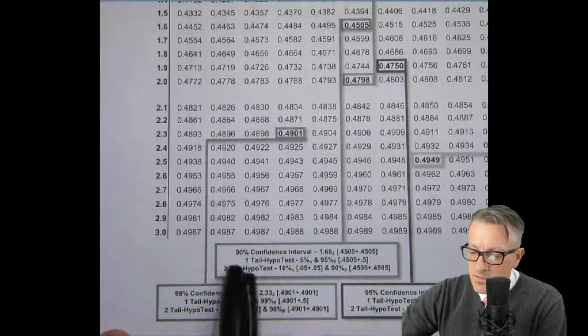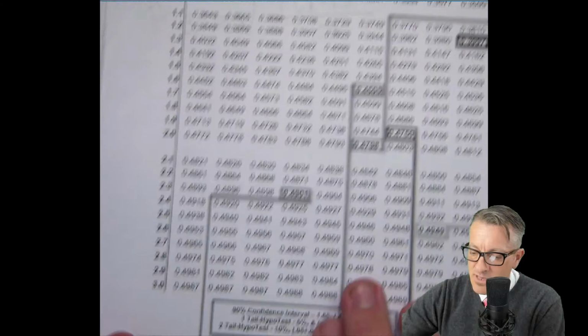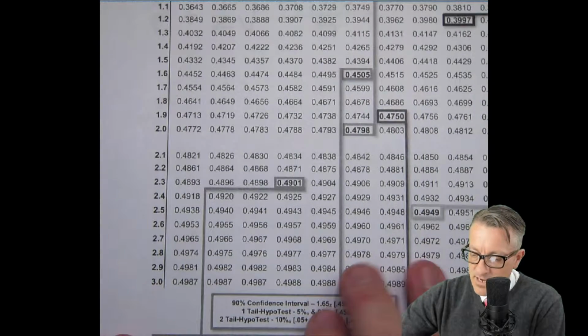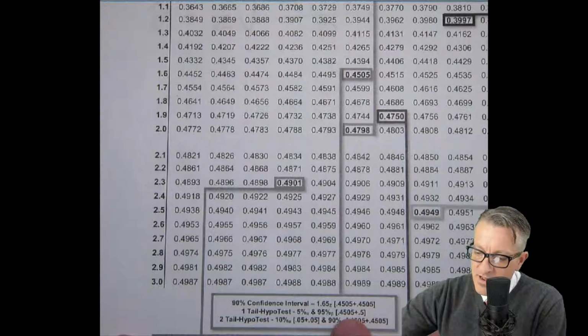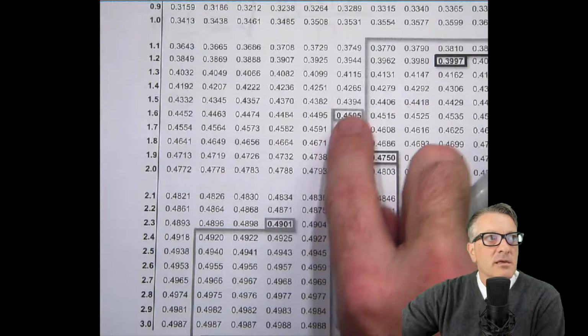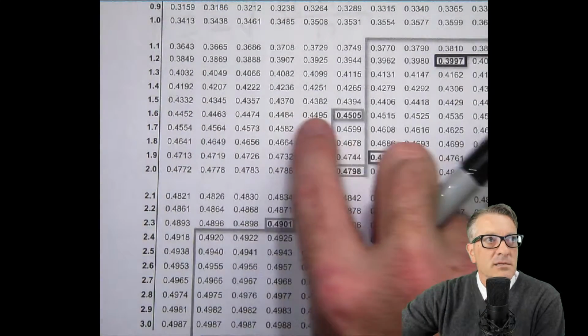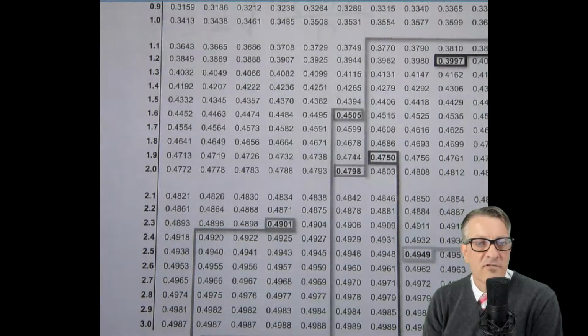It shows how you get the 1.65, and you get it because of 0.4505 plus 0.4505, and it's this value right here. And then when you go out, it is the 1.65.